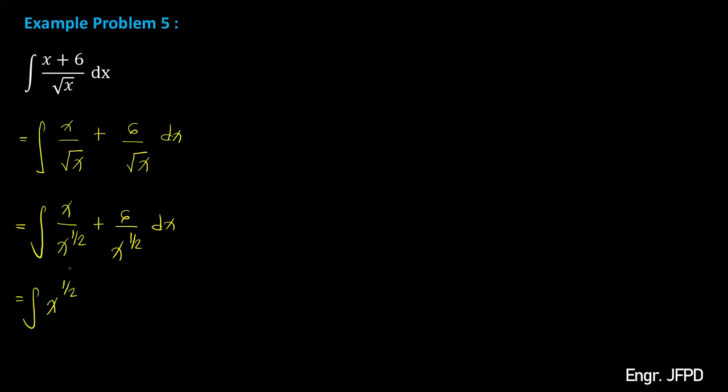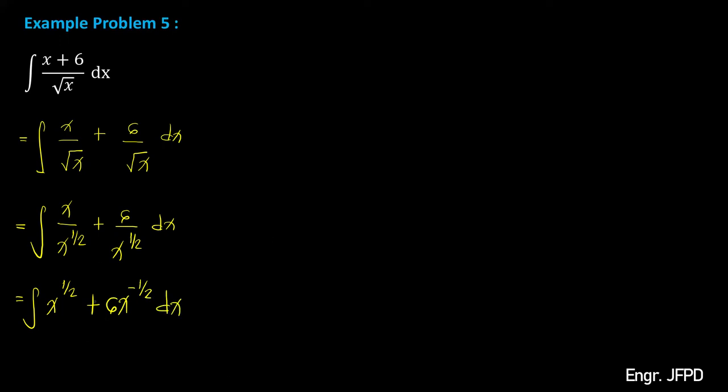That means x over x raised to 1 half is equal to x raised to 1 half. And for the 6 over x raised to 1 half, applying again the law of negative exponent, this is the same as plus 6, x raised to the negative 1 half dx.